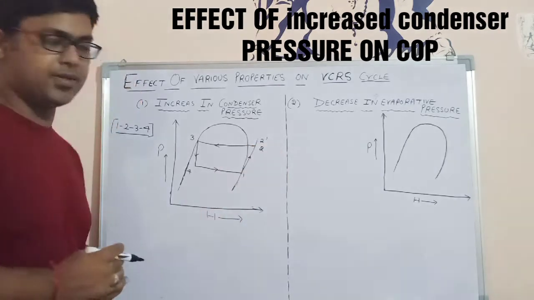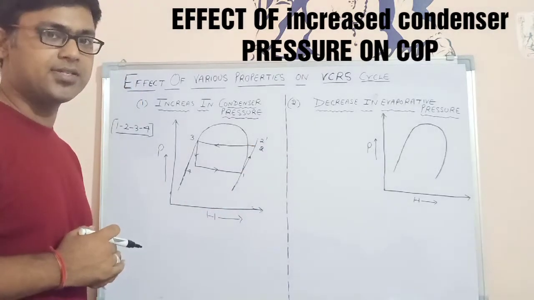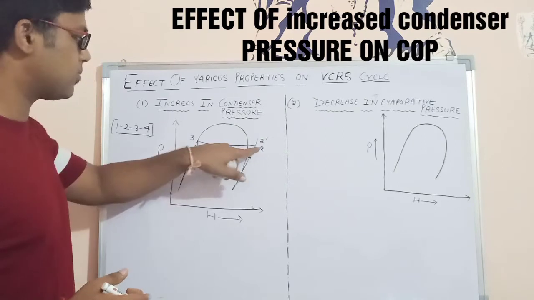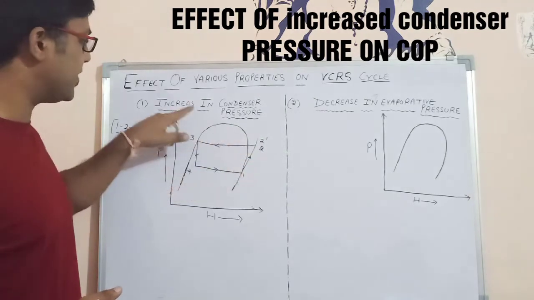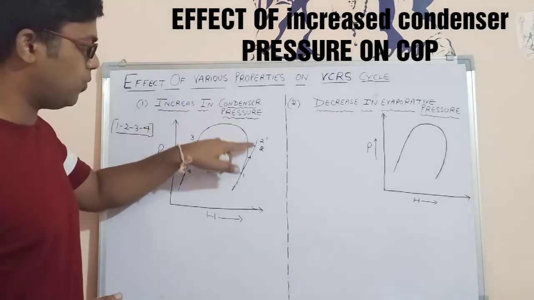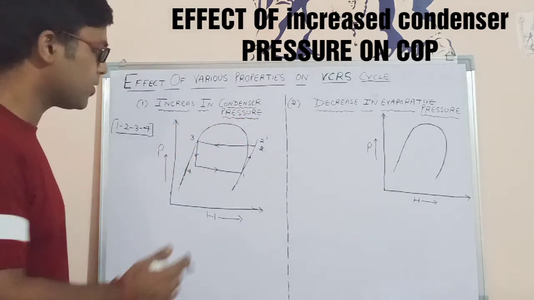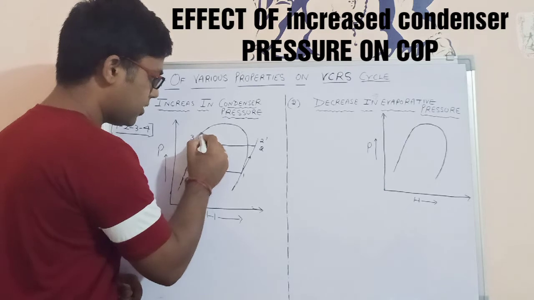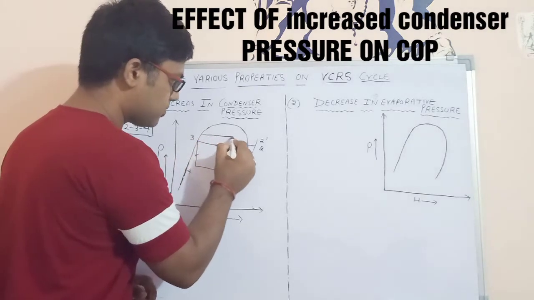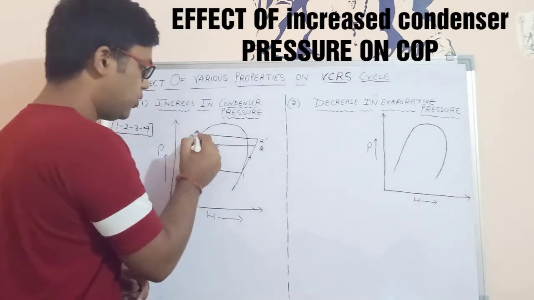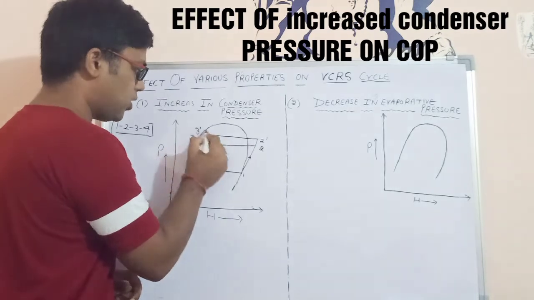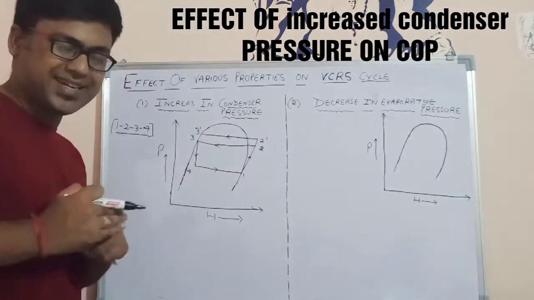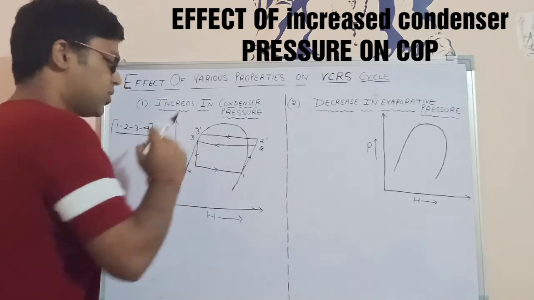Let us suppose I am compressing it to point 2 dash, which is at higher pressure compared to the pressure at point 2. So the condenser pressure increases from 2 to 2 dash. Clear? Now when I show the condenser process from 2 to 3, it will be like this, starting from point 2 dash up to point 3 dash. So after increasing the condenser pressure it is from 2 dash to 3 dash.